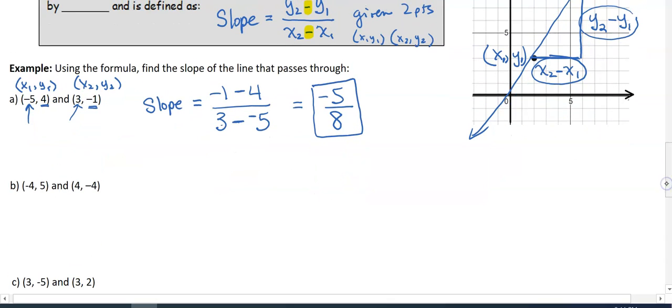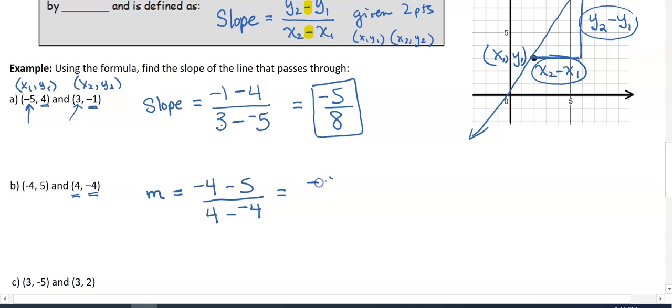Let's try another one. A lot of times I'm going to use little m for slope. We'll see that next chapter when we talk about the equation of a line. So I'm going to start using little m for slope. I'm going to take the second y, subtract the first y, all over the second x, subtract the first x.